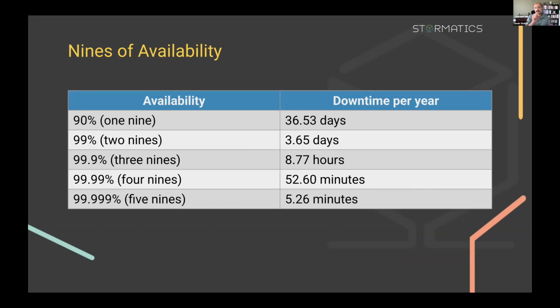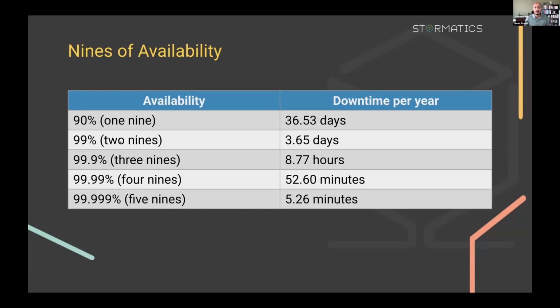And with every 9 that you add, basically you increase availability by 1 order of magnitude. So with 1 nine of availability, 90% means that in a typical year, which is 365.3 days, you have a downtime of 36.53 days, which is 10% of downtime.